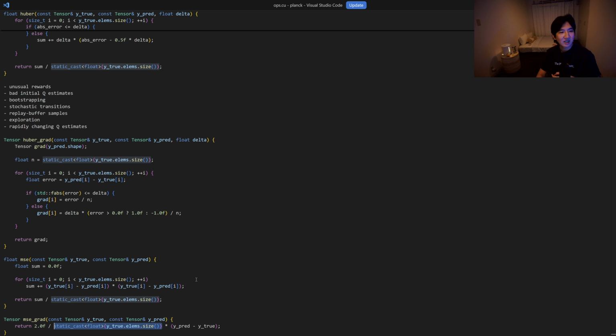Big gradients are really bad. If it gets clipped to 1, it really saves the neural network from gradient exploding. So the biggest difference between using Huber or MSE is whether the gradients get clipped or not.